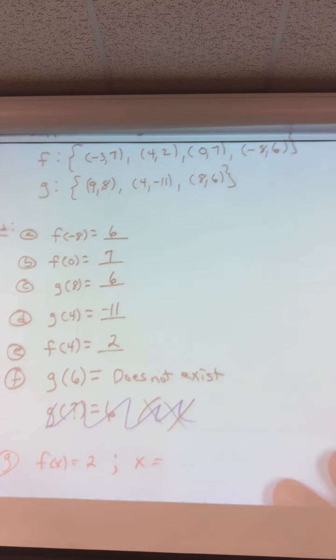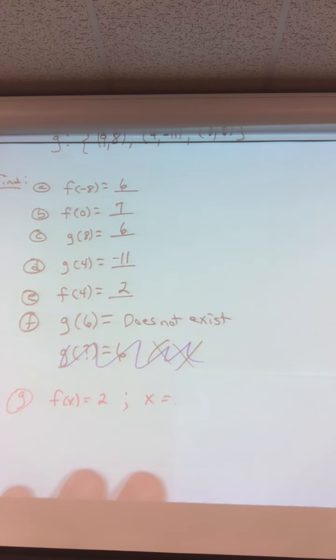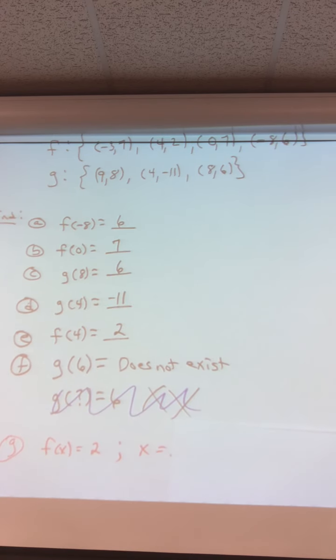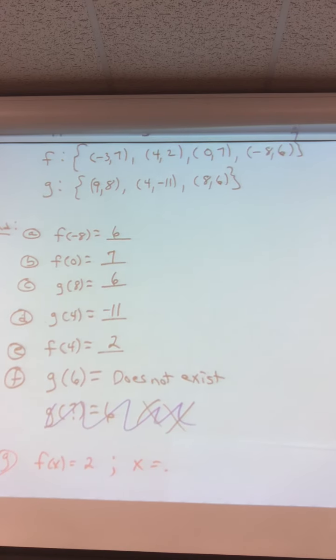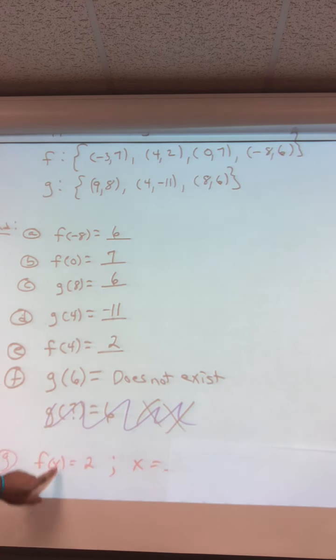let's look at this one. Make sure you can see that at the bottom. Yes, you can. Okay, right here. It says f of x equals 2. So we're not looking for this number over here now. We're looking for the x. So now what you're doing is you're looking for the first number.